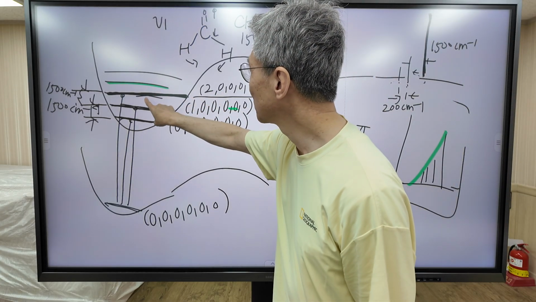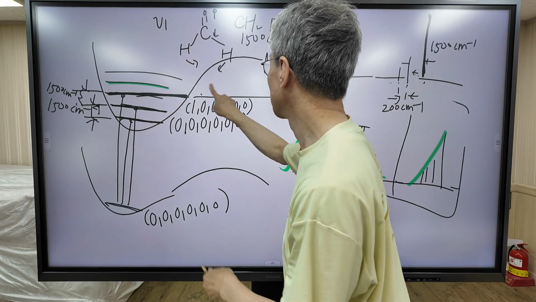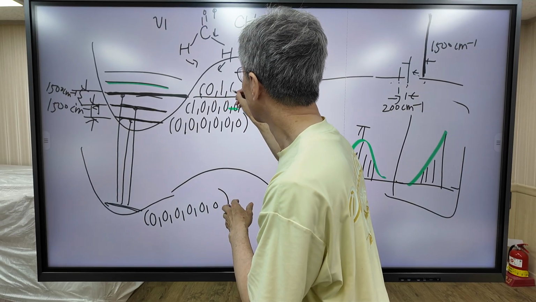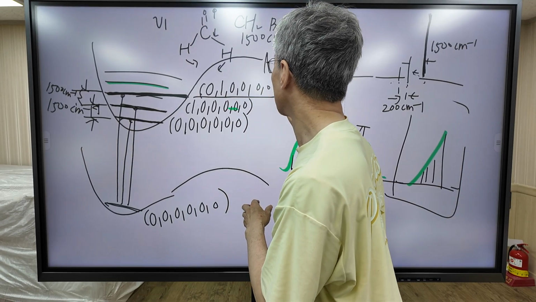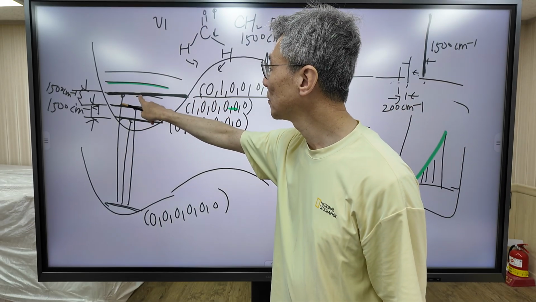Actually, the vibrational quantum number of this state is not 2, 0, 0, 0, 0, 0. Actually, it is 0, 1, 0, 0, 0, 0. This is the actual vibrational quantum number of this level.